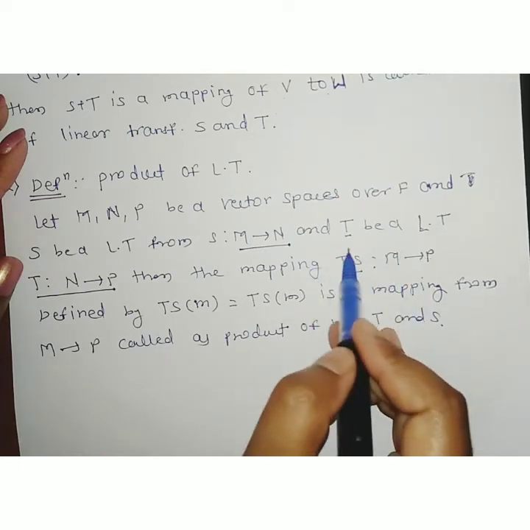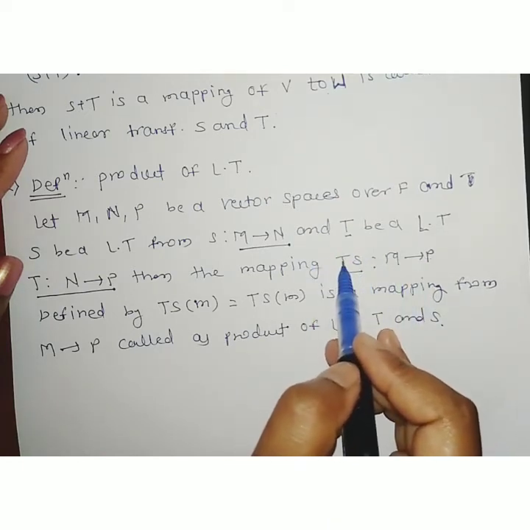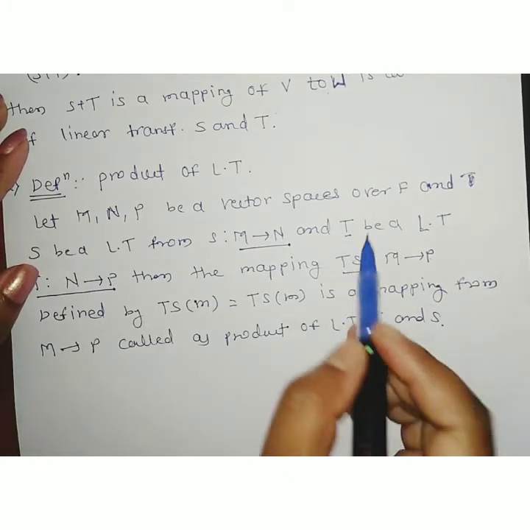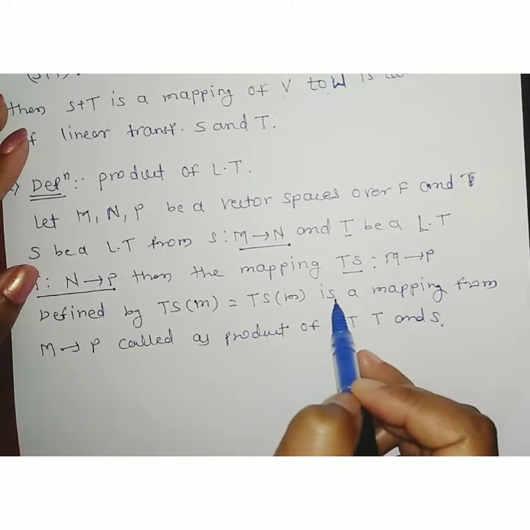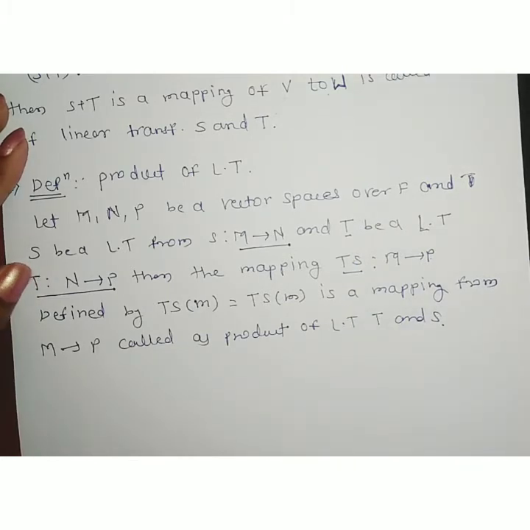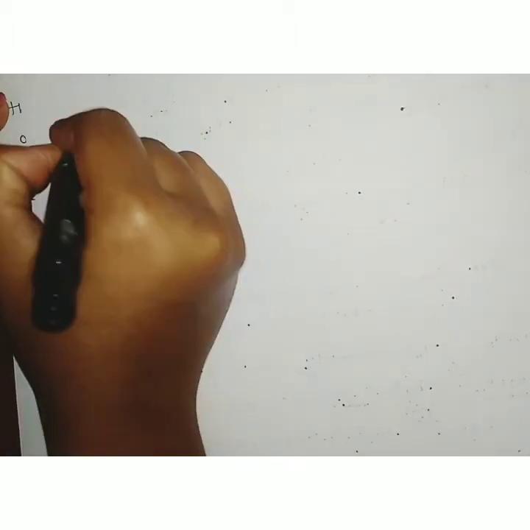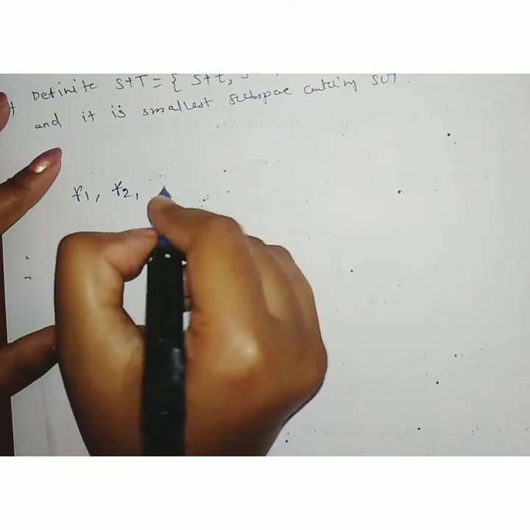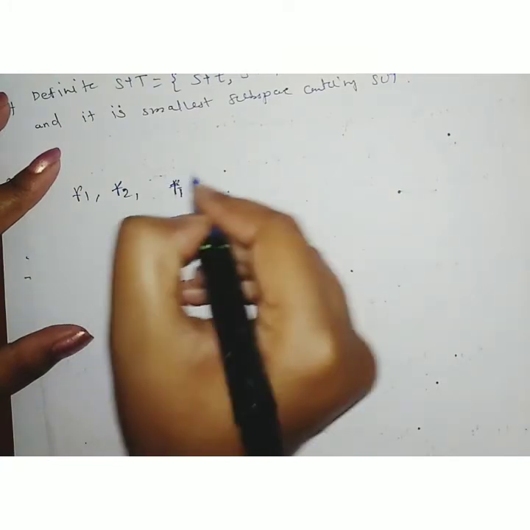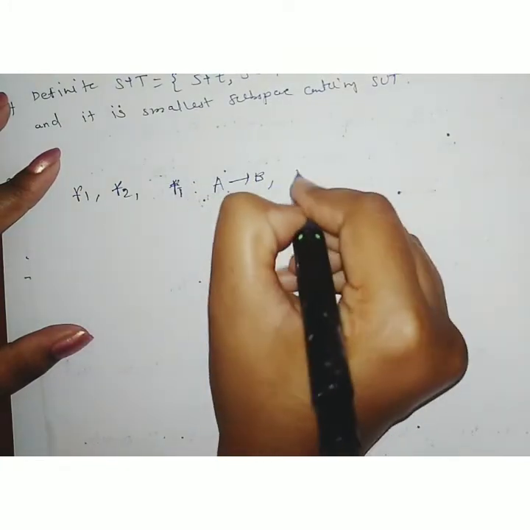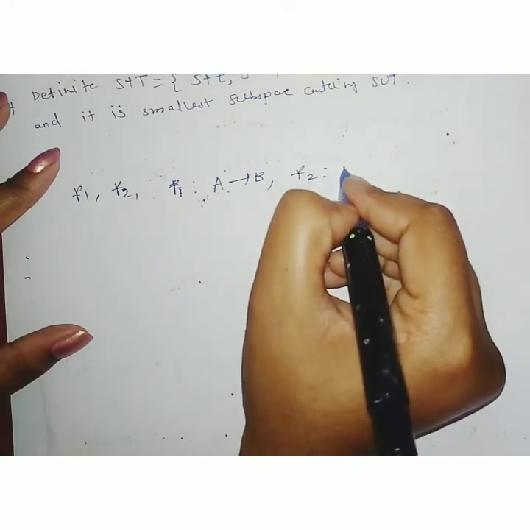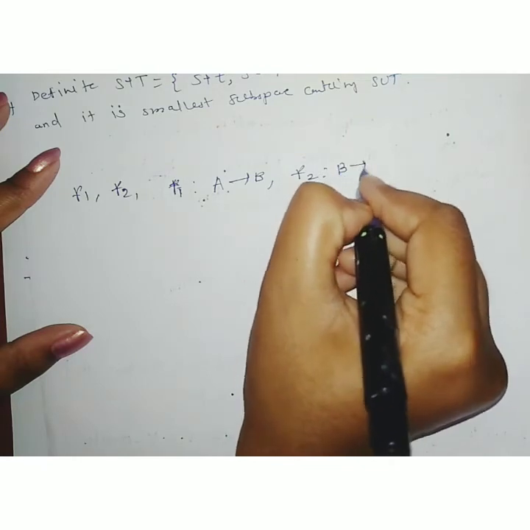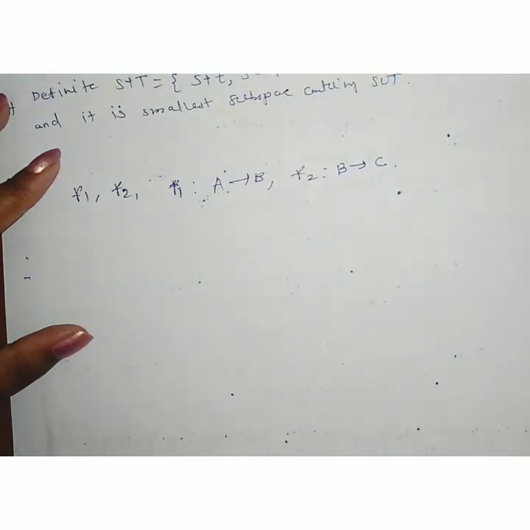What is a composite? We know that if two functions are given, we know how their composite can be defined. Suppose f1 is a map from A to B, and f2 is a map from B to C. Then what is the composite?